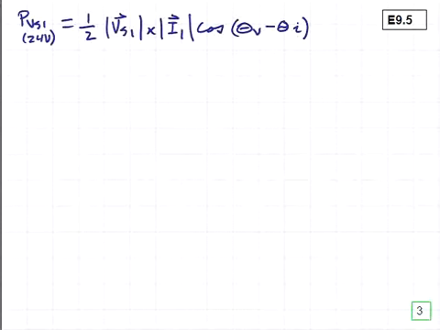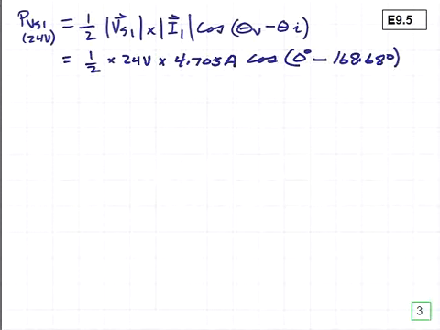Now we can calculate the power associated with the source VS1, which is the 24 volt source, and the expression for that will be 1/2 times the magnitude of the VS1 phasor times the magnitude of the current I1 phasor times the cosine of the difference between the angles of the voltage source and the current. This will be equal to, or the power absorbed in the 24 volt source is equal to minus 55.4 watts.